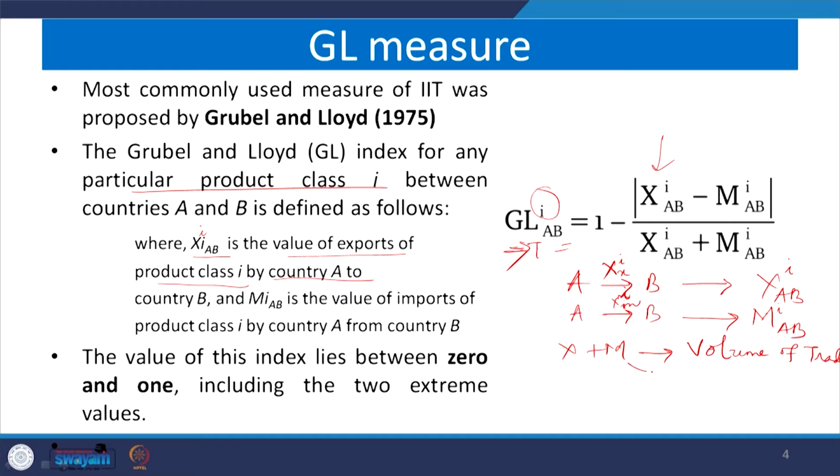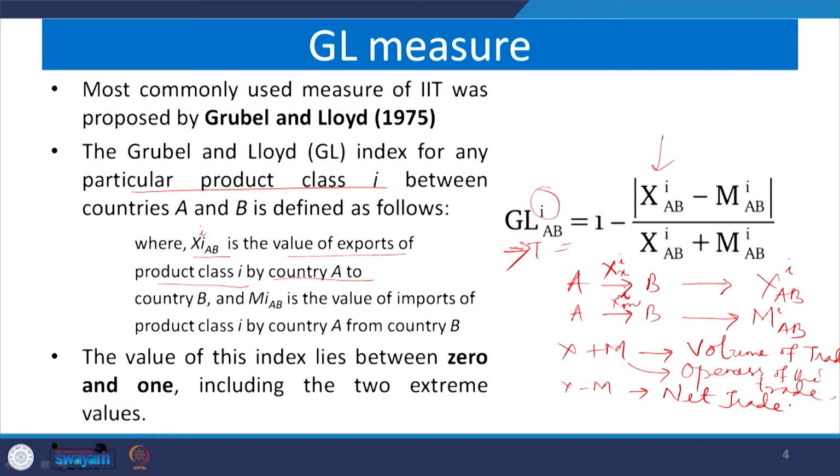This is also called the total trade openness of the country, openness of trade so far as total trade is concerned, whereas x minus m is equal to net trade. So, these are the two important components we have already discussed.